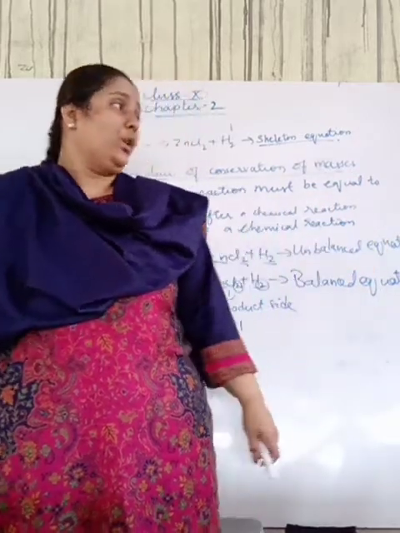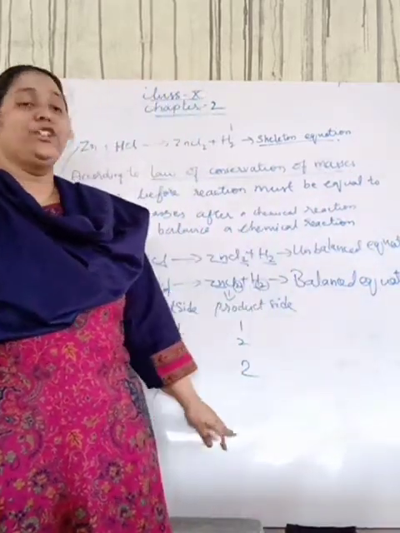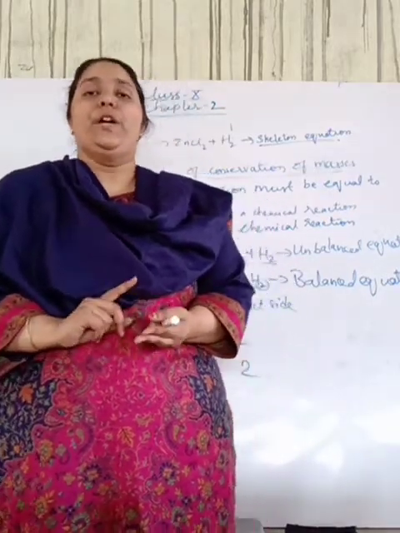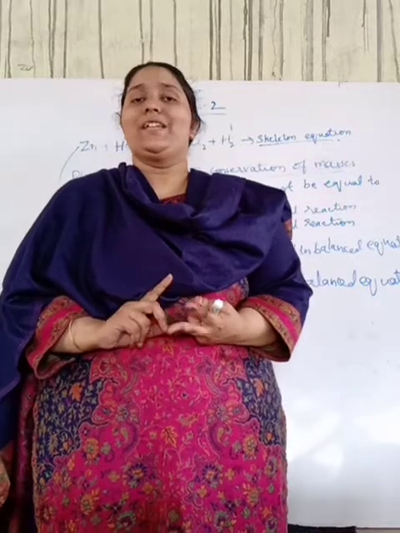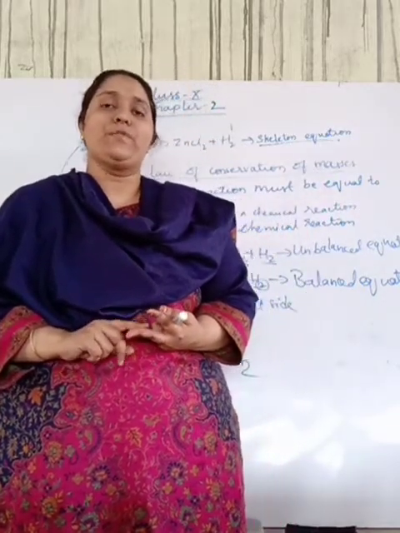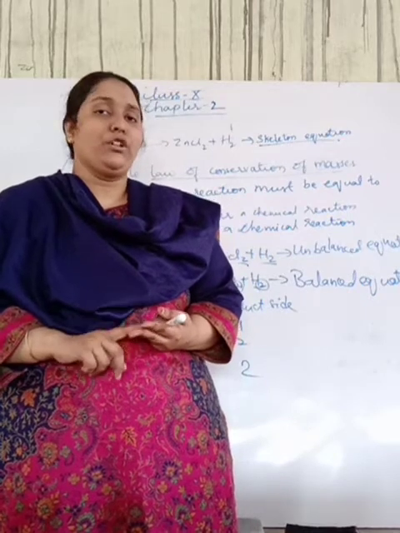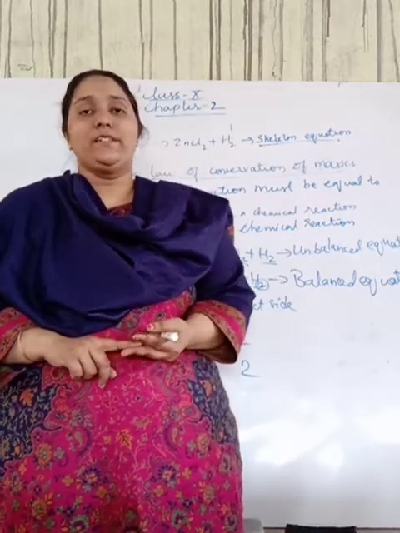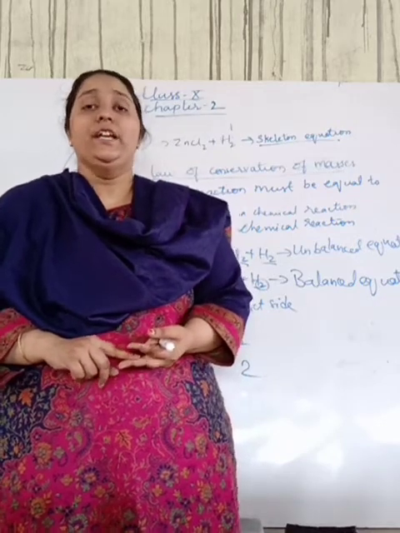So we have seen two types of equation. One is the skeleton equation, one is the balanced equation. A skeleton equation is one where the number of atoms on the reactant side is not equal to the number of atoms on the product side.